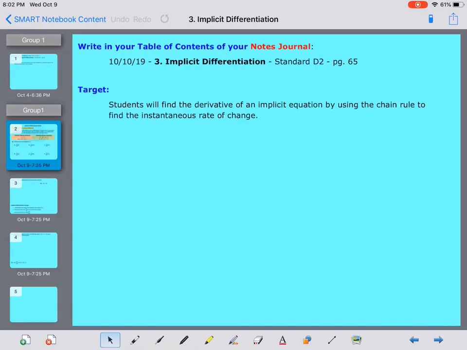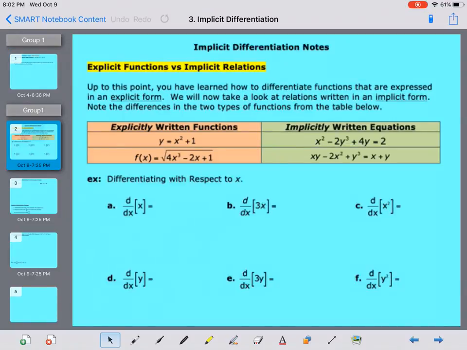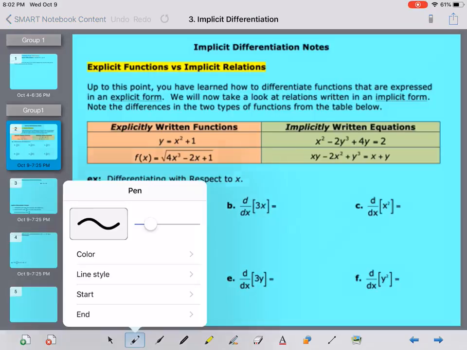Okay. So when we take the derivative of functions, we've been talking about the idea of derivatives of functions since we started derivatives. Everything we've done has been a function. But let's look at some types of functions versus equations.